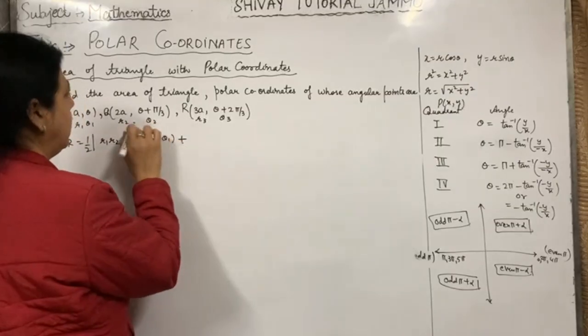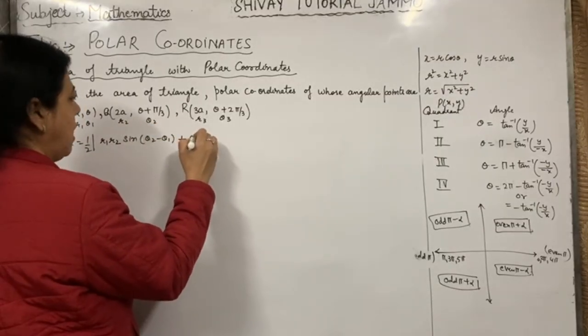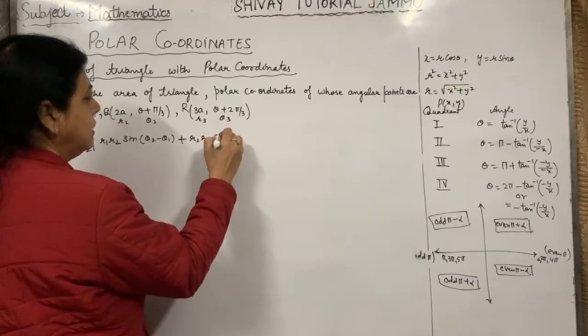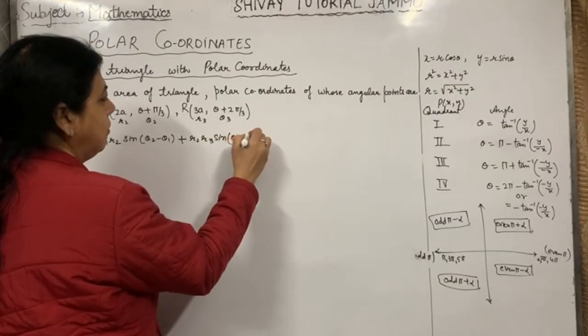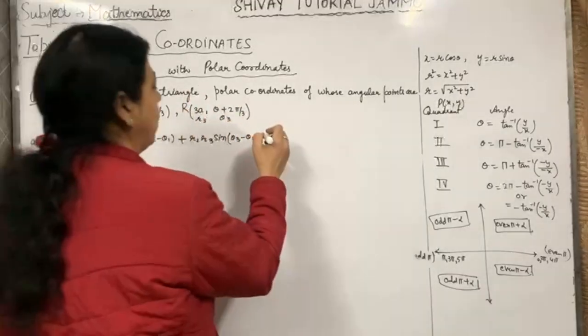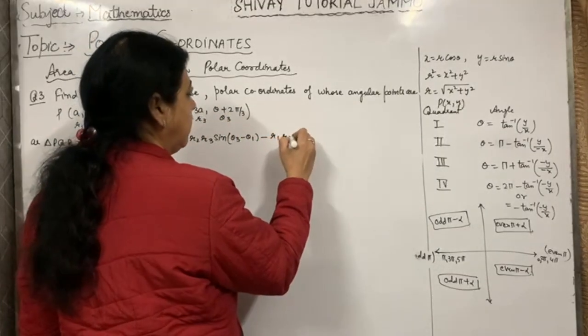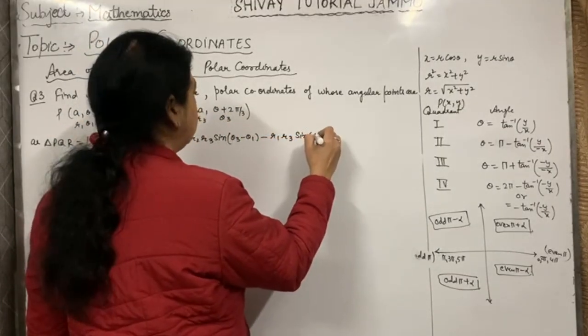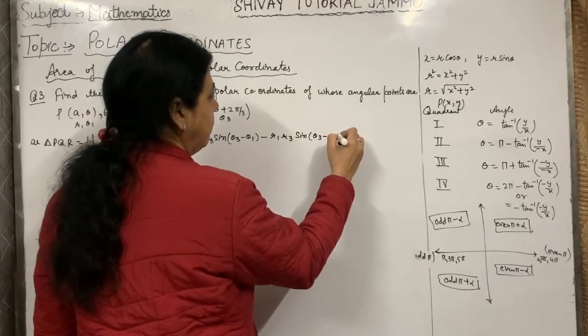Then the area of triangle OQR is r2 r3 sine of theta 3 minus theta 2, minus the area of triangle POR, r1 r3 sine of theta 3 minus theta 1.